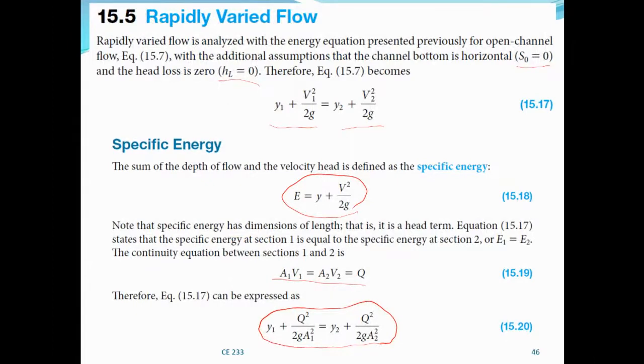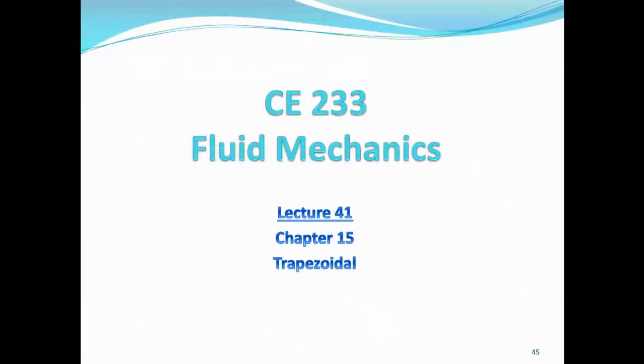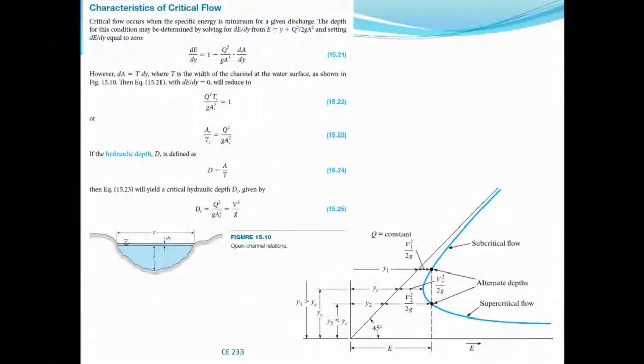And then this is for 2 points, point 1 and point 2. If we try to plot this formula, you can see you have the first portion, y. This is E equal y. And then you have the second portion, which is for the velocity head, v squared over 2g, which is this.